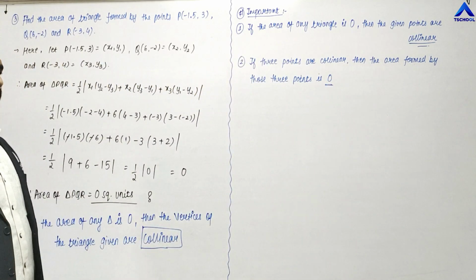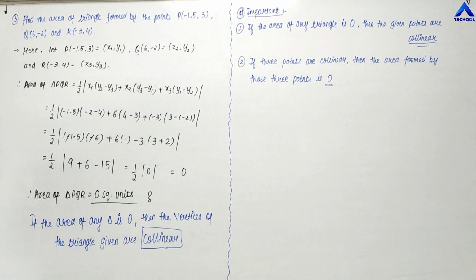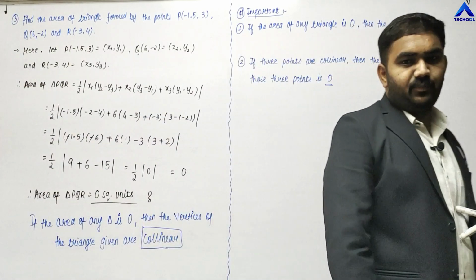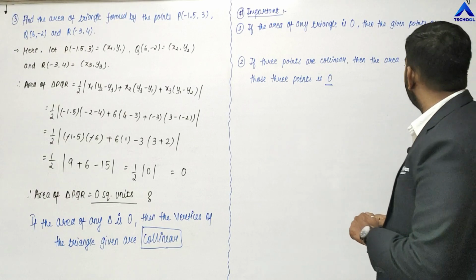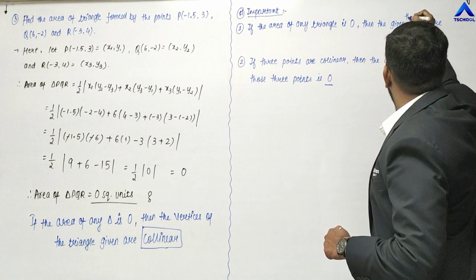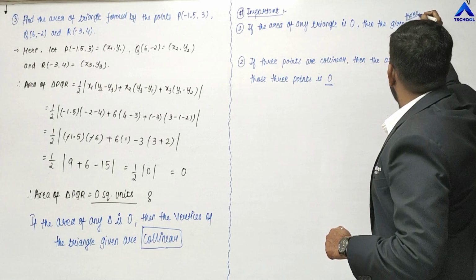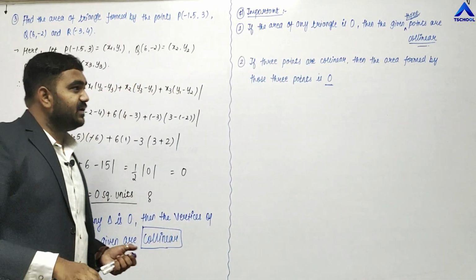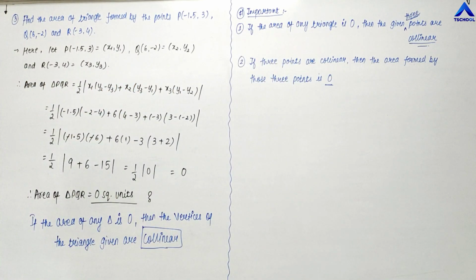The statement is vice versa. If the area of any triangle is 0, then the given 3 points, let me write down one more thing here, the given 3 points, because whenever you have a triangle you will be given 3 points, right? That means if the area of the triangle is 0, then the given 3 points are collinear.